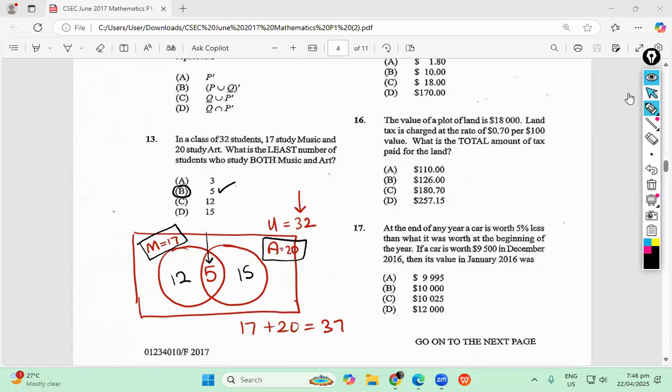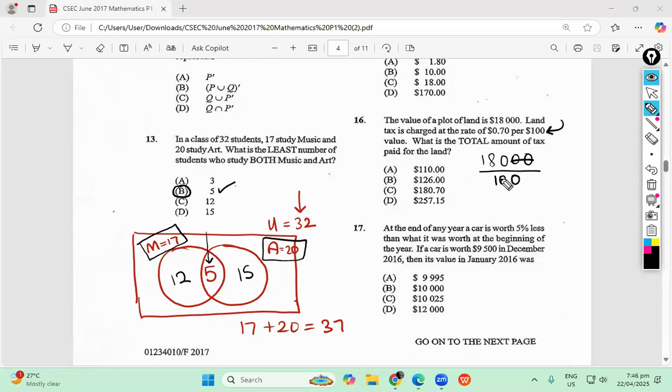Number 16, right? Here's how they mean it. For every $100, you are getting taxed 7 cents. No, 70 cents. So the question is, if the land costs $18,000, how many $100 bills does it take to make 18,000? It's just to divide.